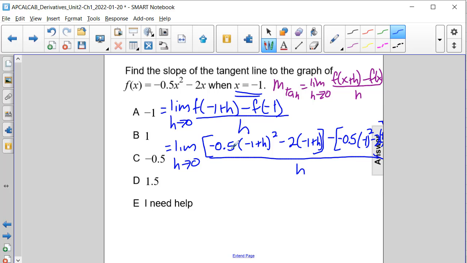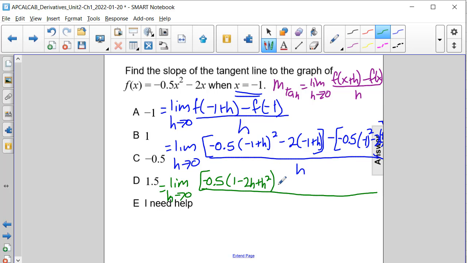And now what we can do is expand and simplify. So that's equal to the limit as h approaches 0 of, we're still going to have -1/2 or -0.5, but it'll be +1 minus 2h plus h squared, minus, or I should say +2 minus 2h.